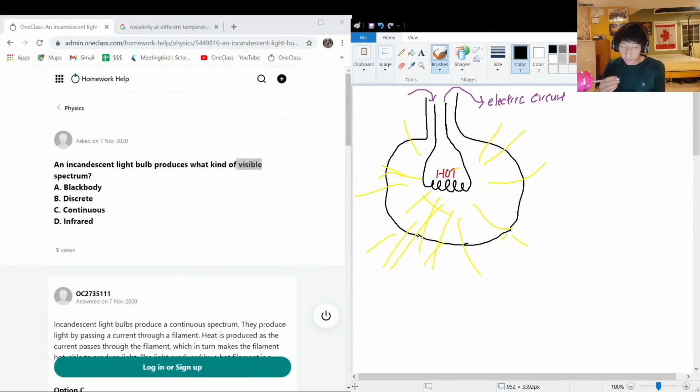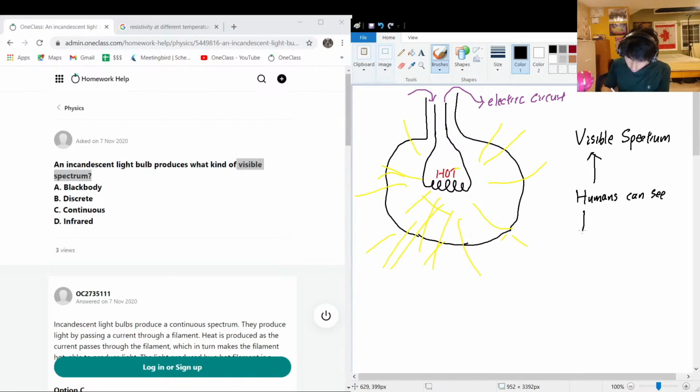Okay, so visible spectrum, that's the key thing here. The key word here is humans can see. For this particular thing, it's electromagnetic wavelength. The visible spectrum is just a subsection of the electromagnetic spectrum.